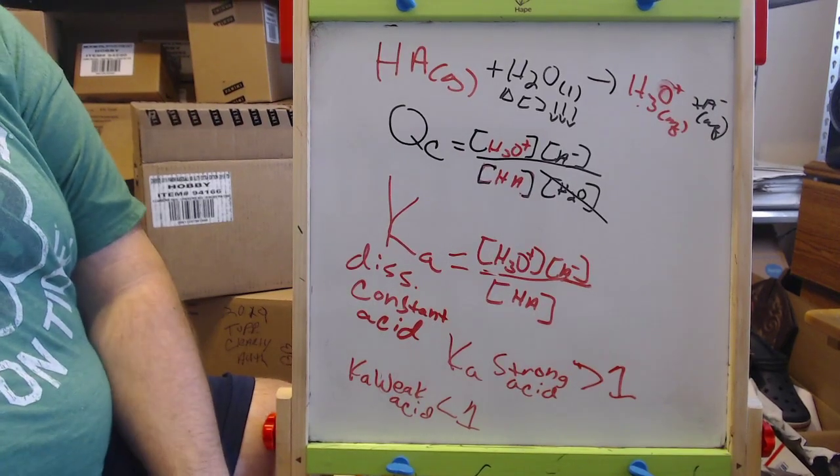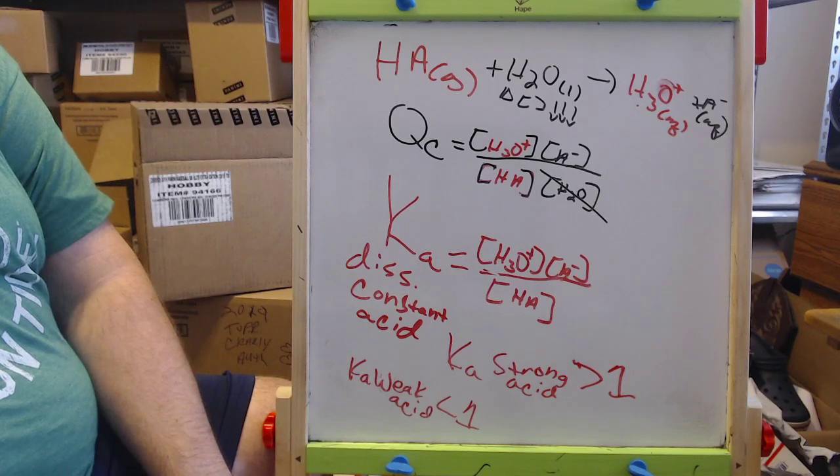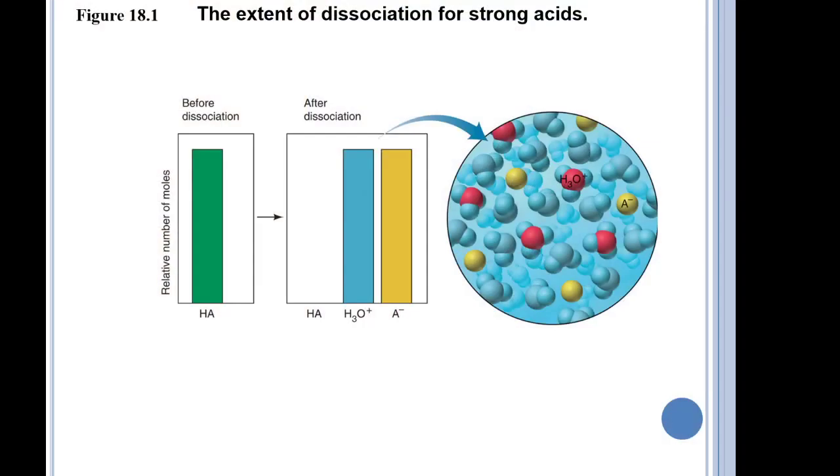And you could actually see, and we'll show it, I have it here right out of the book. So, a strong acid, before dissociation, I have all strong acid.